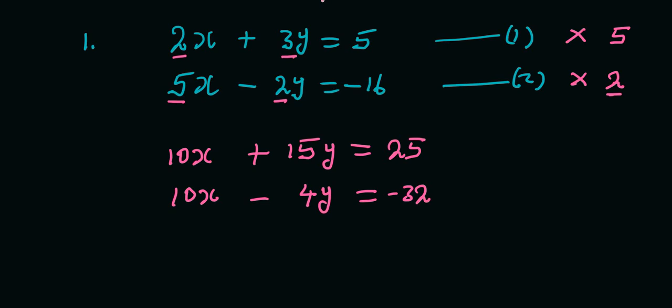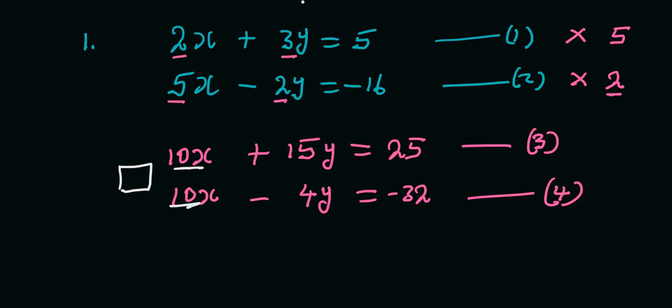So we can label these as equation 3 and equation 4. At this point, we are going to decide the kind of sign that should be applied such that we should have 0 for the x terms.